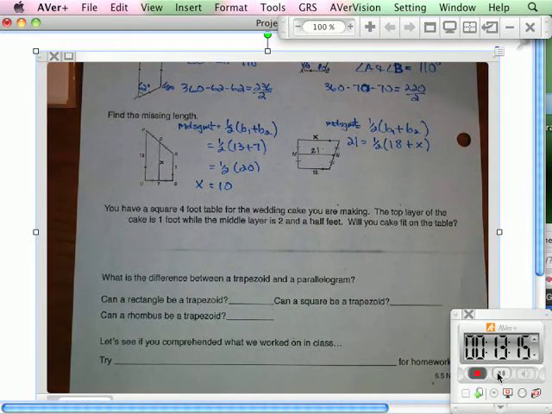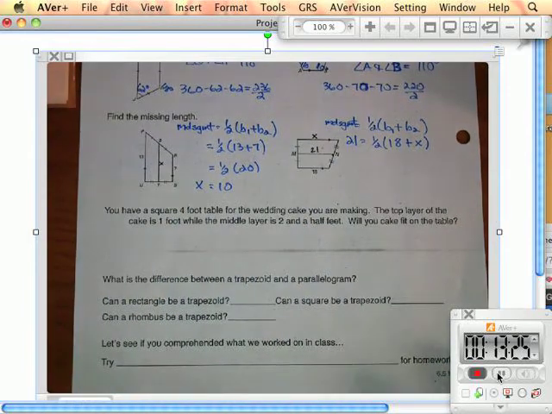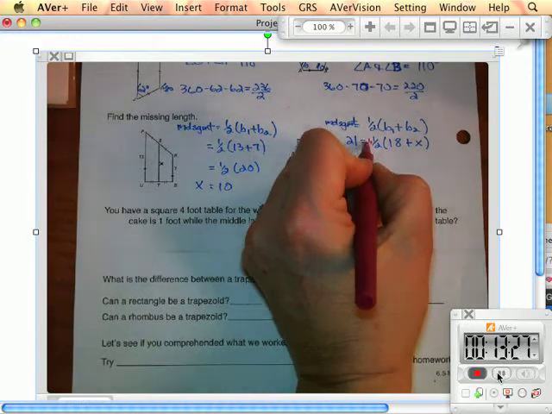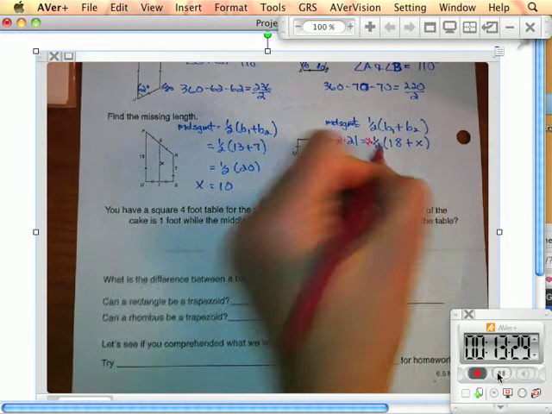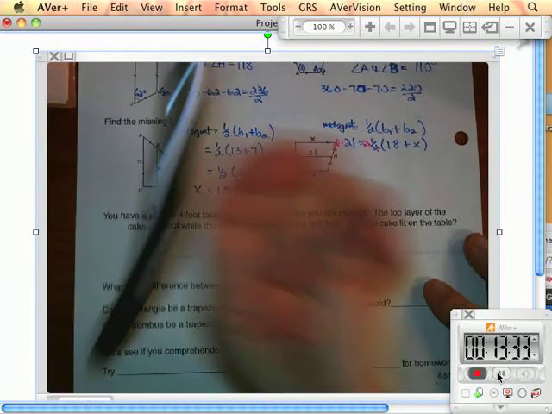And here's where that beautiful little thing comes into play. This looks like a mess to solve, but really, if I get rid of this 1/2 by doing what? Multiply by 2. That makes that go away. That equals 42.